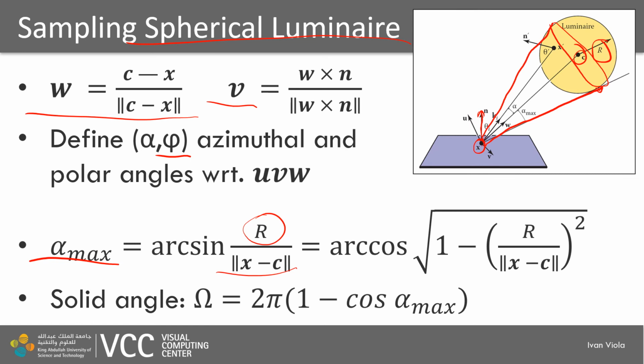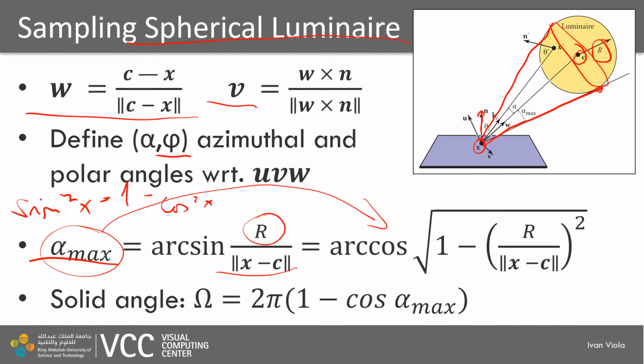From this right angle setup we get the sine of the alpha, and then through the arc sine we get the angle itself. However, the arc sine can also be turned into an arc cosine function, because we know that sine squared x equals 1 minus cosine squared x, square root of that.